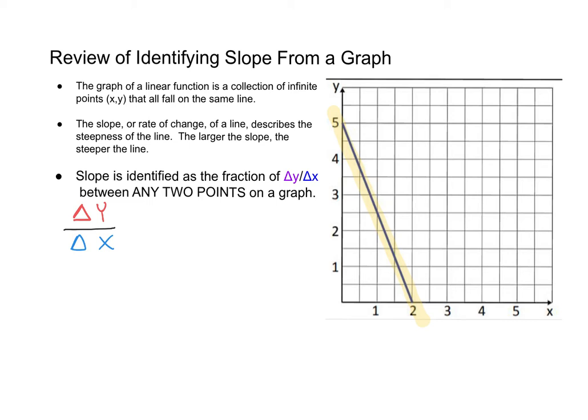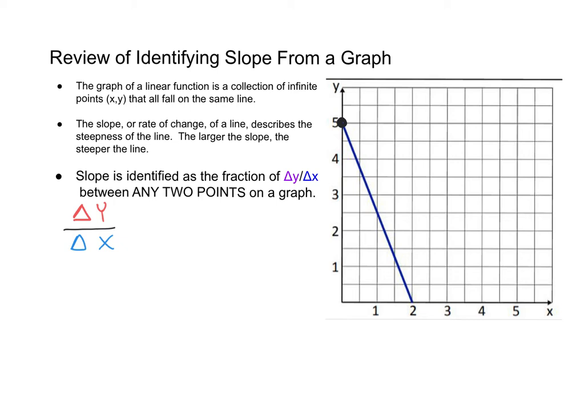However, for our purposes, it is easiest if we pick points that are very easy to identify exactly because they lie on the grid. So this example graph we have, I can identify three very clear points. One of those points that is super easy to identify is this point right here, which is actually our y-intercept.